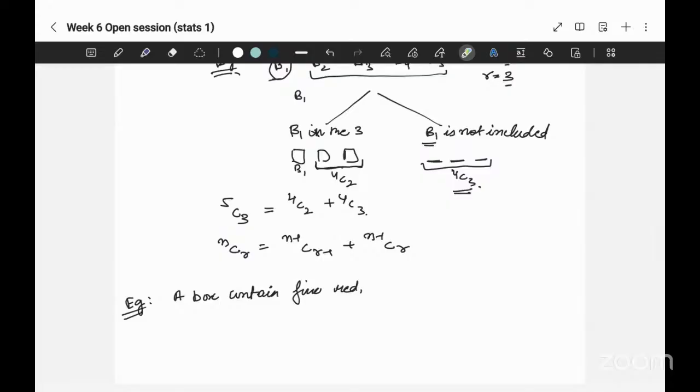You're taking two cases: either B1 is there or B1 is not there. So the possible combinations are these two. So A or B, one of them is the possible combination for the entire five options.